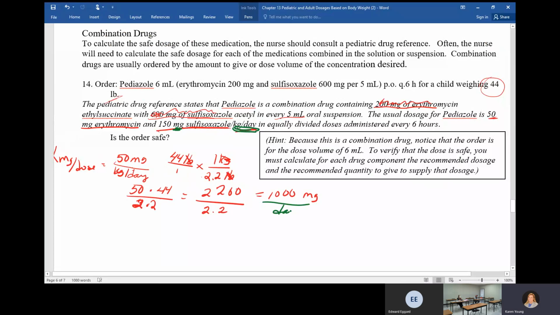So if this is per day, and we know that there's one day, the dose is every 6 hours. So I'm going to give 4 doses. So 1,000 divided by 4. That's 250 milligrams per dose.